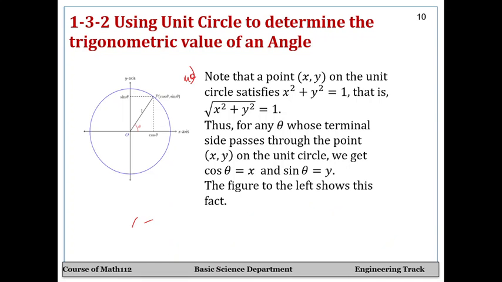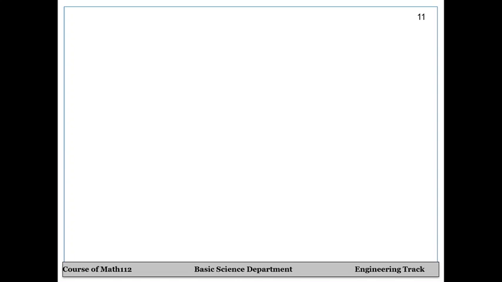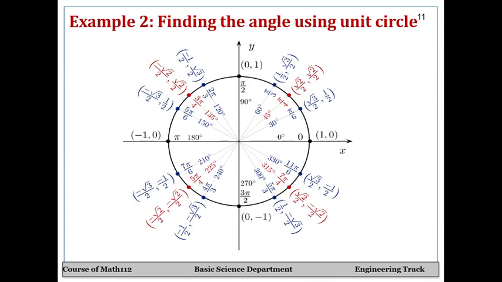Now, let's show it. In some books, you can see this type of figure. In this figure, you can find the different cosine and sine values of each angle. For example, here is (1, 0).